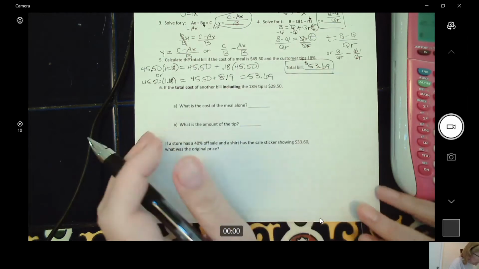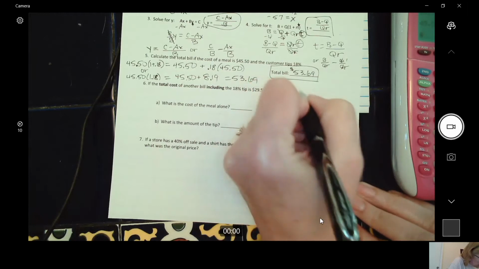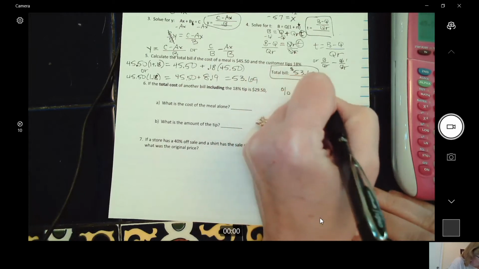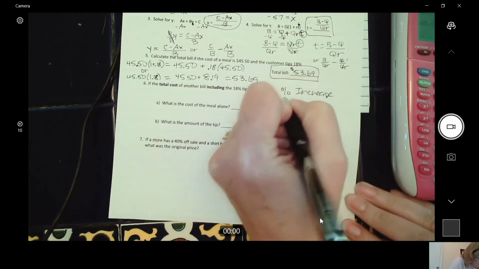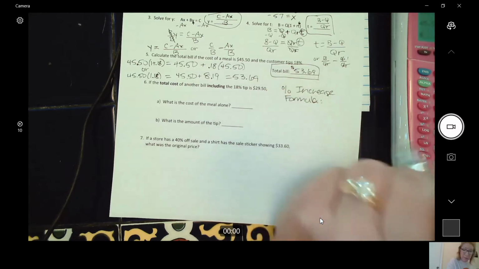Okay, so I'm going to give you a little bit of a percent increase formula here. I'm just going to talk about the old amount and the new amount.